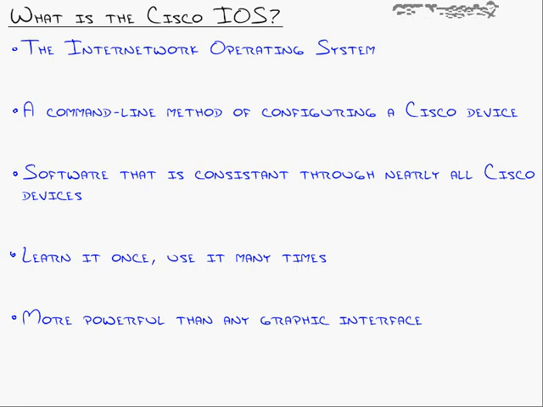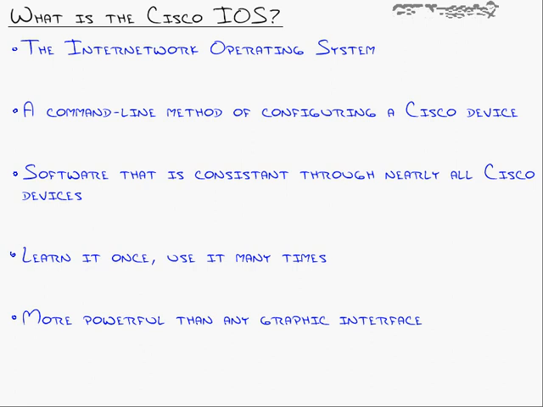The IOS is an operating system that is similar on every single Cisco device you'll encounter. You can see it, the third bullet down, it is a consistent operating system through all Cisco devices, even devices that don't use the IOS. For example, Cisco creates firewalls called the PIX firewalls or ASA firewalls that people use to protect their network.